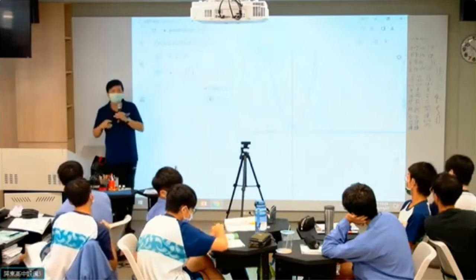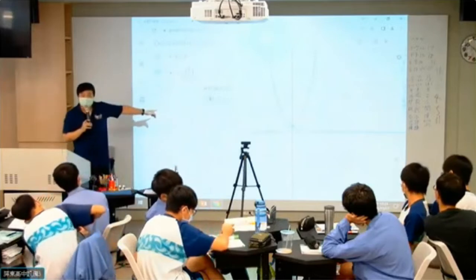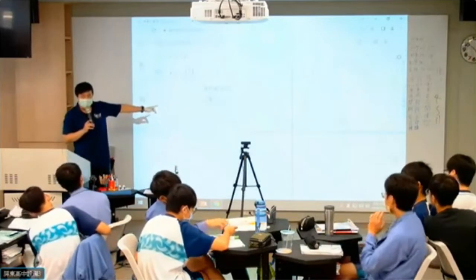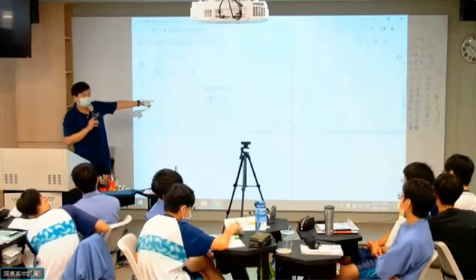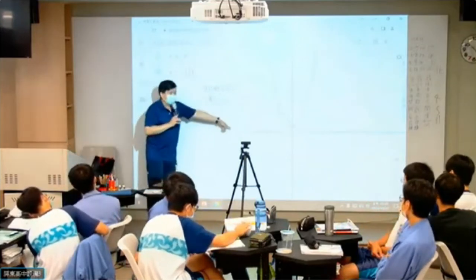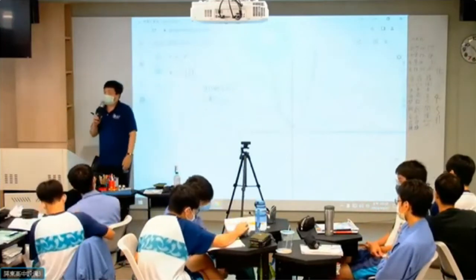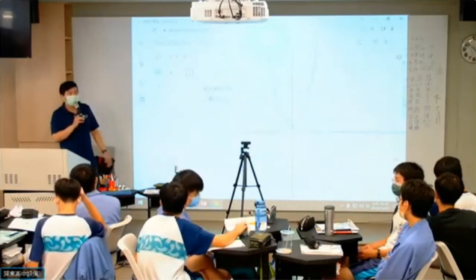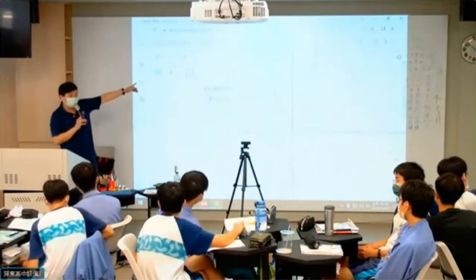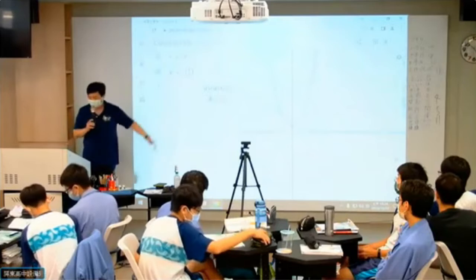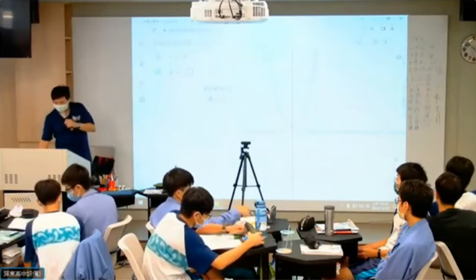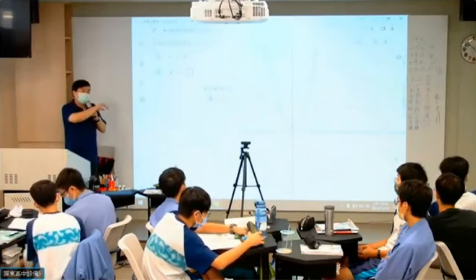In math, we call it 渐近线 in Chinese, in English, asymptote. The x-axis is the asymptote of the graph of the exponential function. You can see that. Any question here? No?